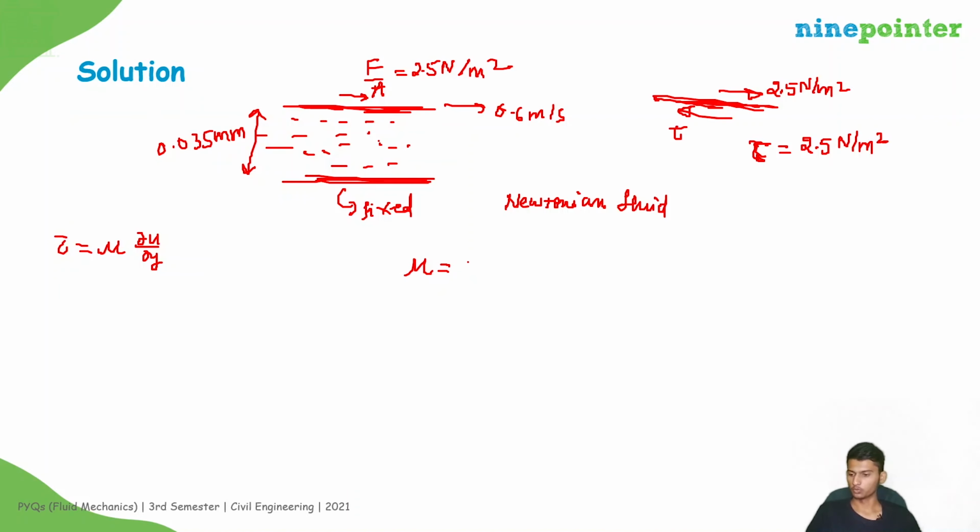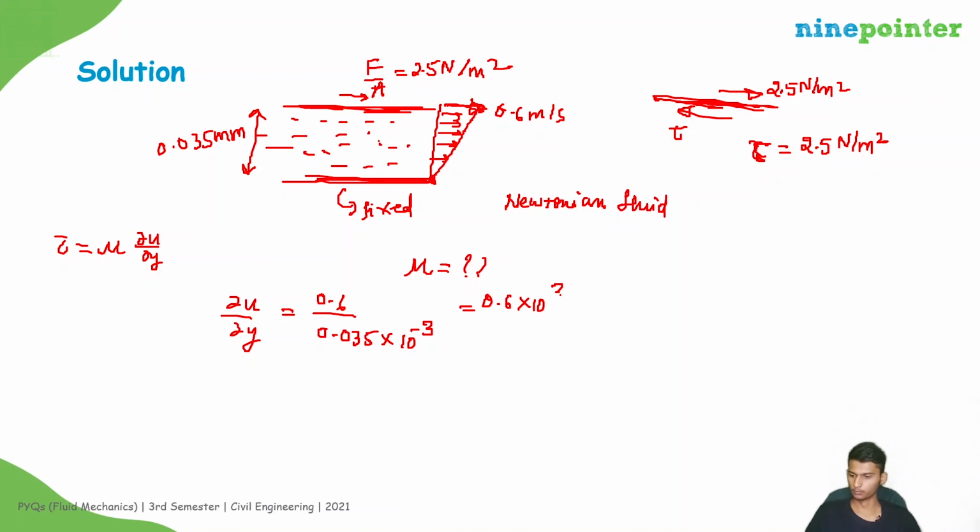We need to find mu. For dou u by dou y, the velocity here will be 0 because it is a fixed plate, and the velocity here is 0.6. The variation will be linear from 0 to 0.6 because the distance between the plates is very small. So dou u by dou y can be written as 0.6 divided by 0.035 into 10 power minus 3, that is 0.6 into 10 cube divided by 0.035.